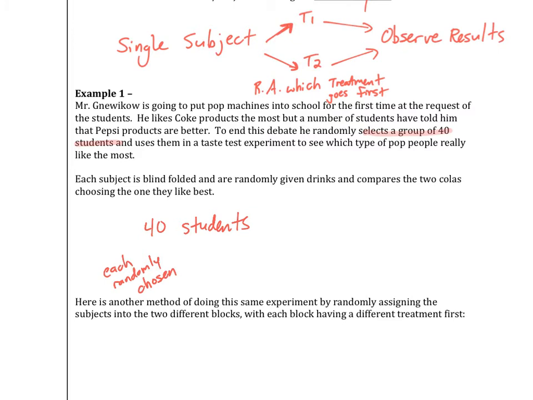All right. Then we give them the two treatments, treatment 1 and treatment 2. Treatment 1 would be, let's say, the Coke products. And treatment 2 would be Pepsi products. All right, and I'm just going to put a little arrow. These are randomly assigned which goes first.